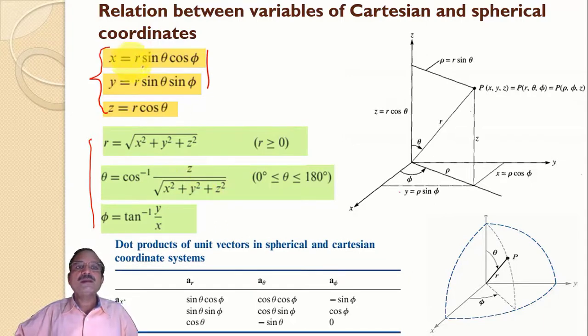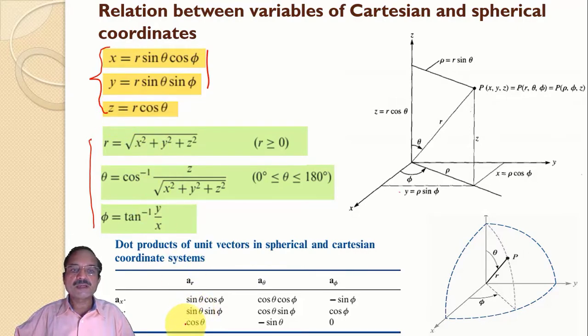Now using these relationships, we can write down the dot products. The dot product between ax and ar: using this equation, the component of r along the x direction is sin theta cos phi. Similarly, the component of r along the y direction is sin theta sin phi. From this equation, the component of r along the z direction is cos theta.